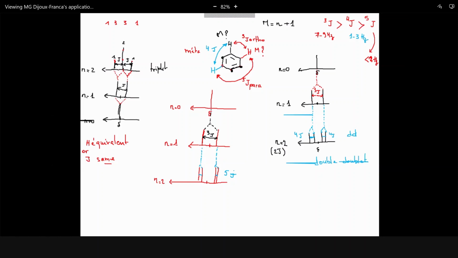So when you have a double doublet, this is also a double doublet, but as you could see, the shape is not the same. Here I have J ortho and J para. Here I have J ortho and J meta.